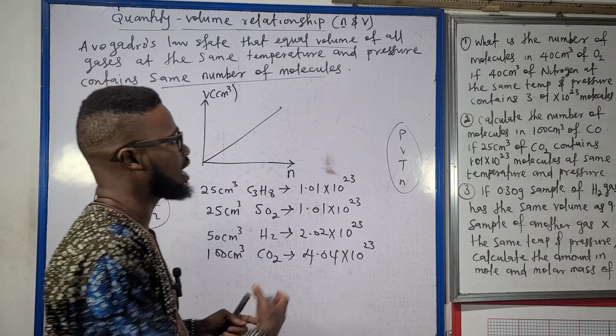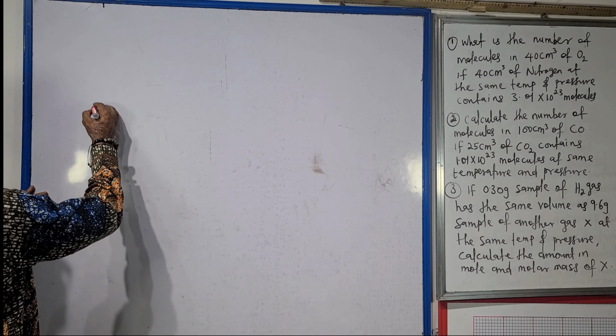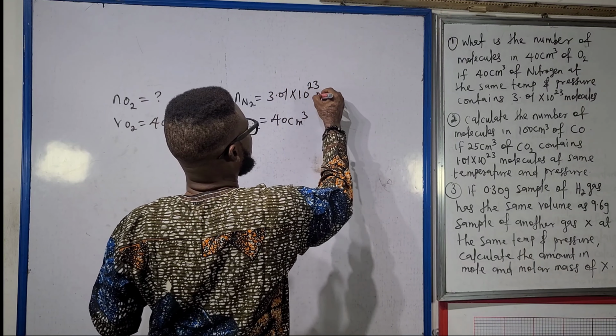First question states, what is the number of molecules in 40 cm cubed of oxygen? If 40 cm cubed of nitrogen, the volume of nitrogen gas here is 40 cm cubed, and at that point the number of molecules here is 3.01 times 10 raised to power 23 molecules.